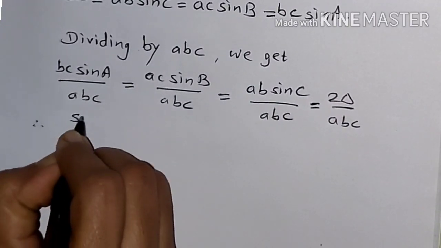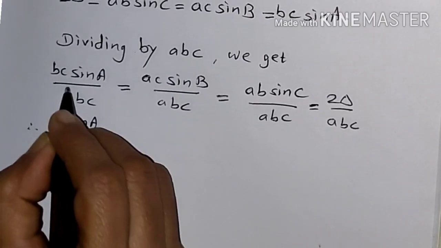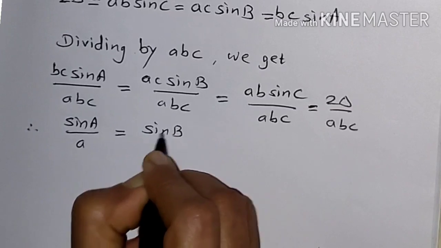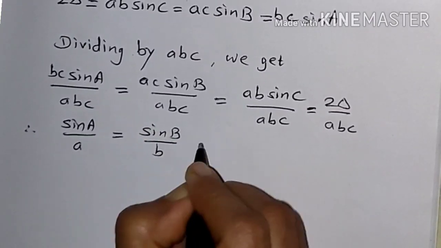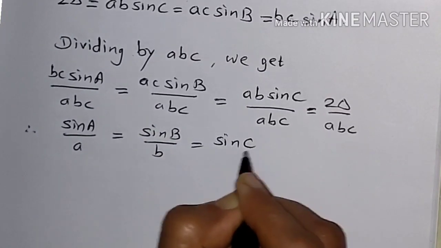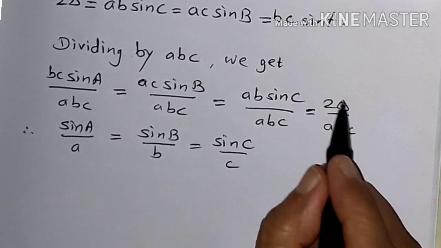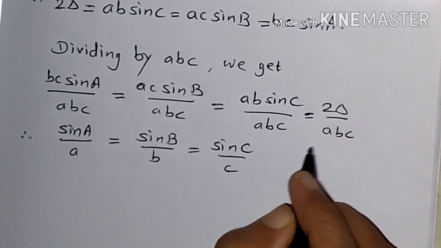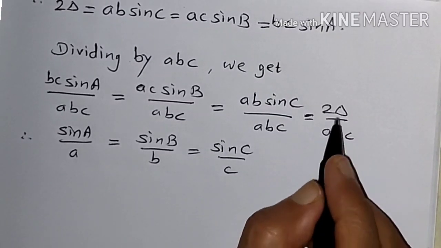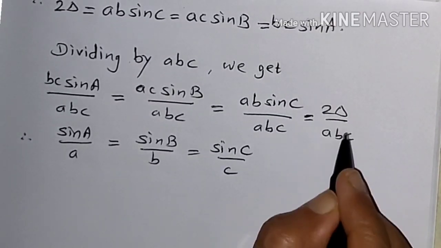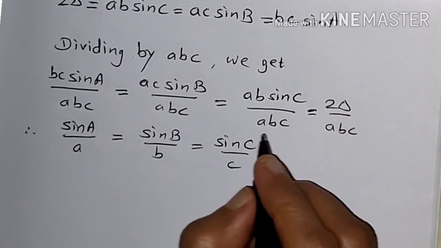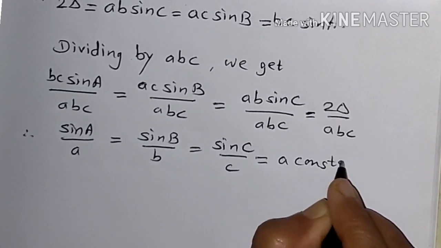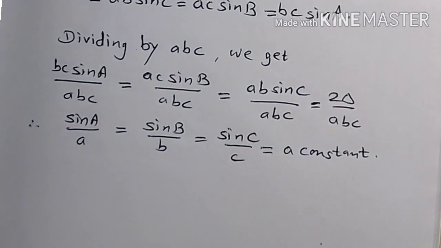Therefore sine A upon a is equal to sine B upon b is equal to sine C upon c. Now this 2 delta upon abc is constant. So this ratio is some constant, and that constant here we got as 2 delta upon abc.